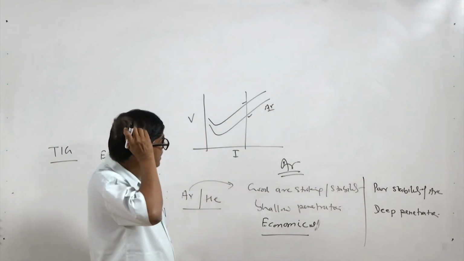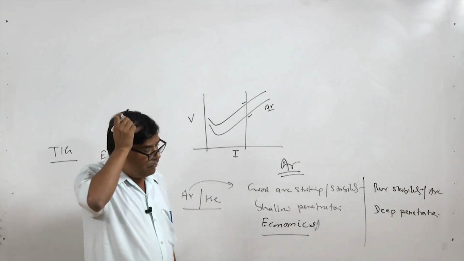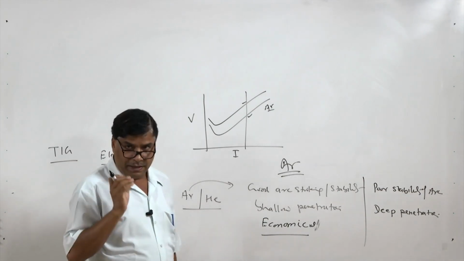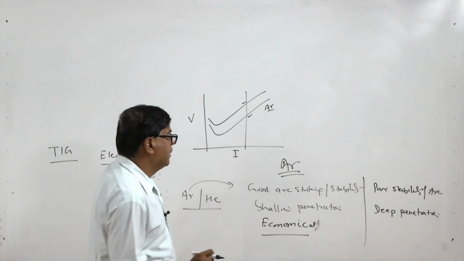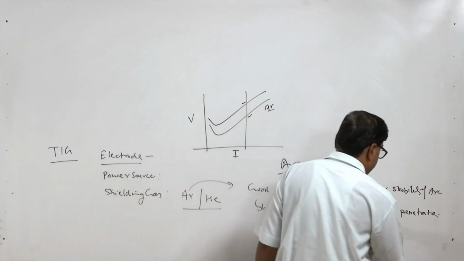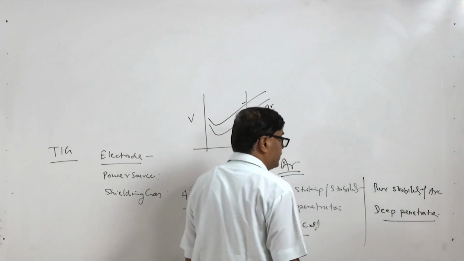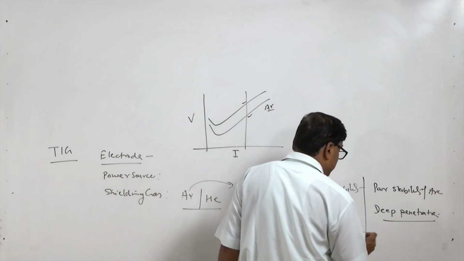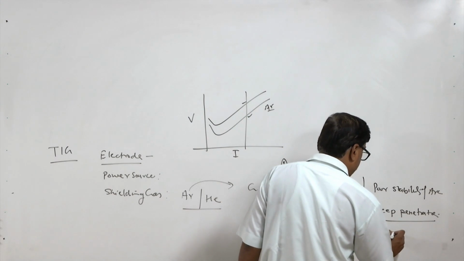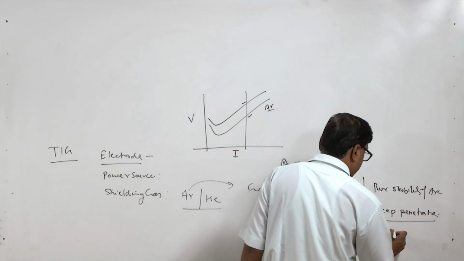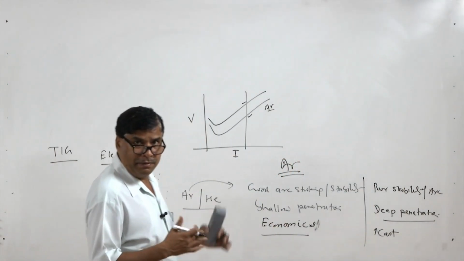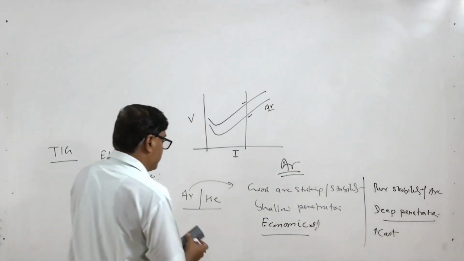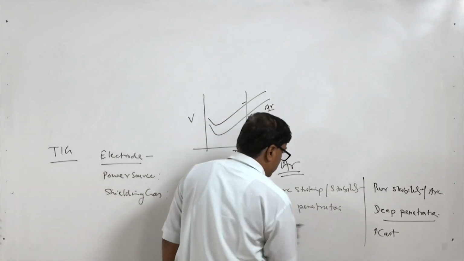It generates excessive heat, resulting in a higher temperature of the welding arc, which in turn increases the depth of penetration during welding. But the cost of helium is much higher as compared to argon, so your economy gets disturbed because of helium application.